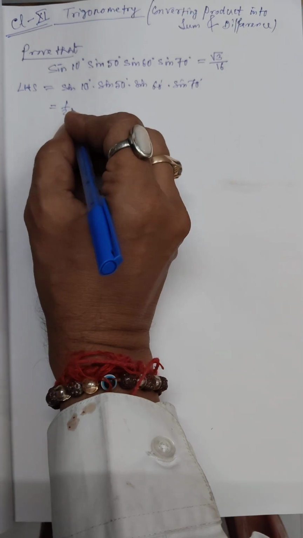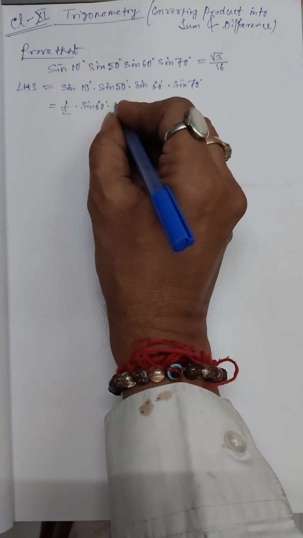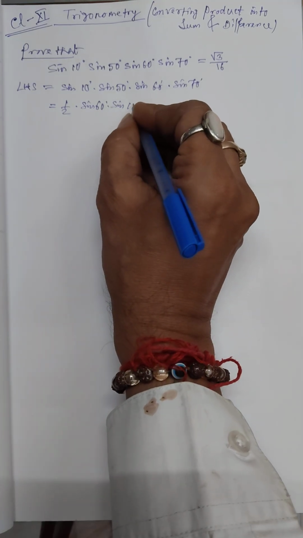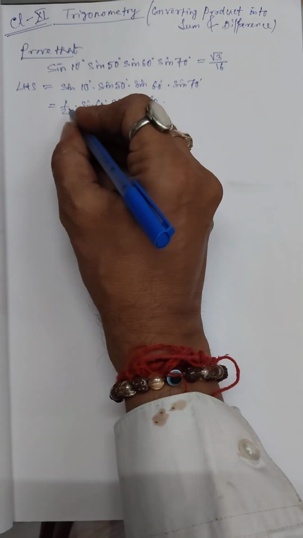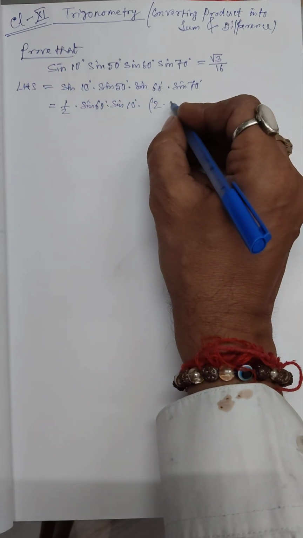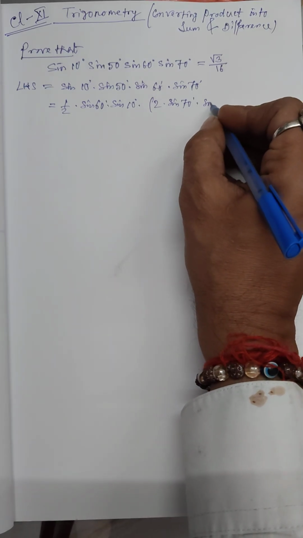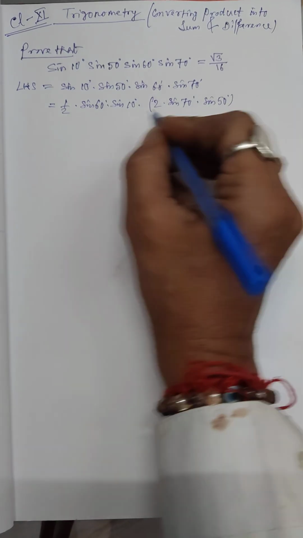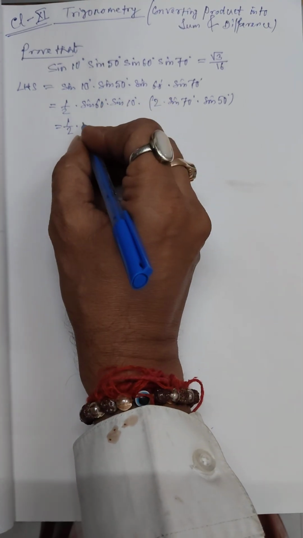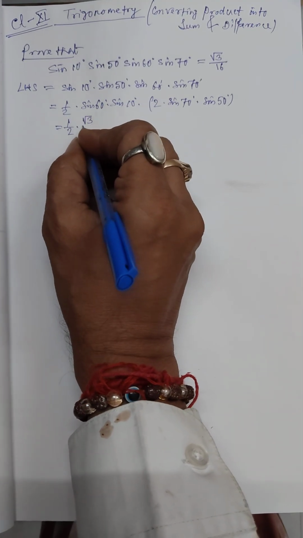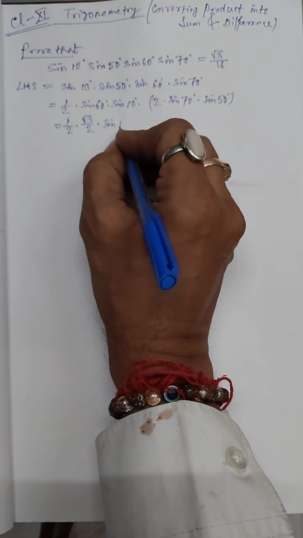First of all, half into sine 60 degree into sine 10 degree into 2 into 2, so the 2 and 2 are gone, then 2 sine 70 degree and sine 50 degree.